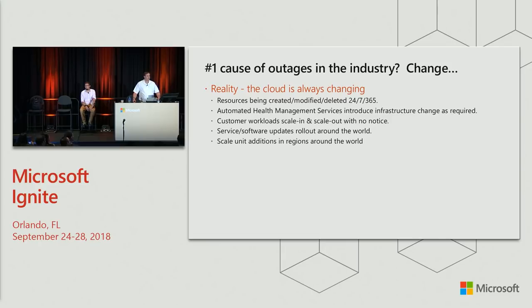Services and software updates roll out around the cloud. We're constantly rolling out updates in the various stamps and regions of Azure around the world. Those updates need to happen. They're security updates, feature updates, bug updates, all the things you expect so the cloud continues to be reliable.